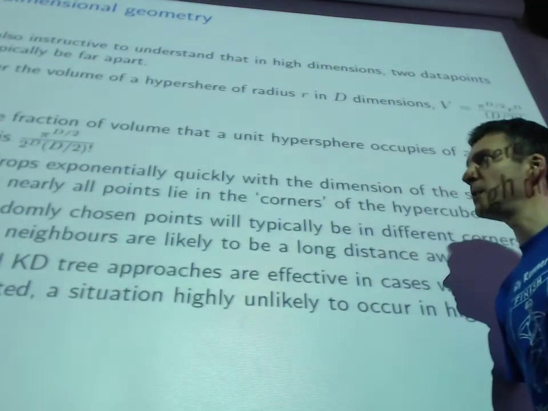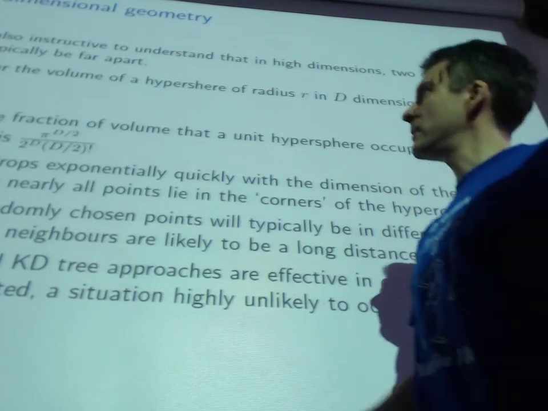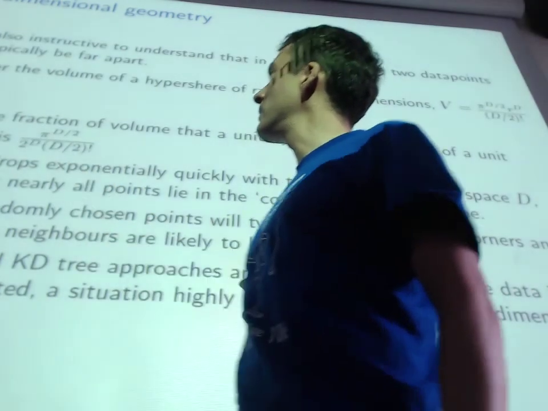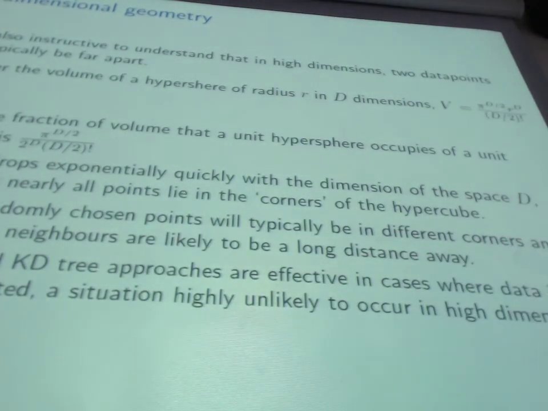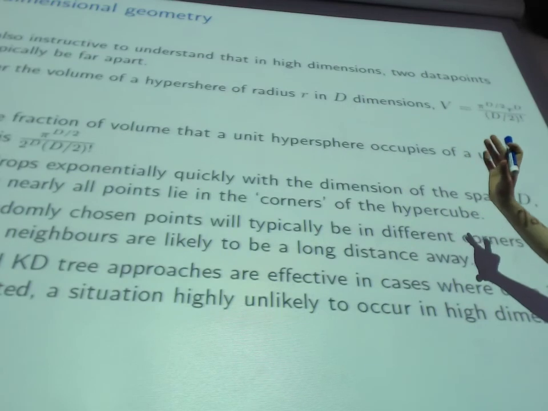So pi to the power d over 2, over d over 2 factorial. And the point is that this d over 2 factorial here is huge. It's super exponential. So it's basically giving you a really rapid drop in this fraction.